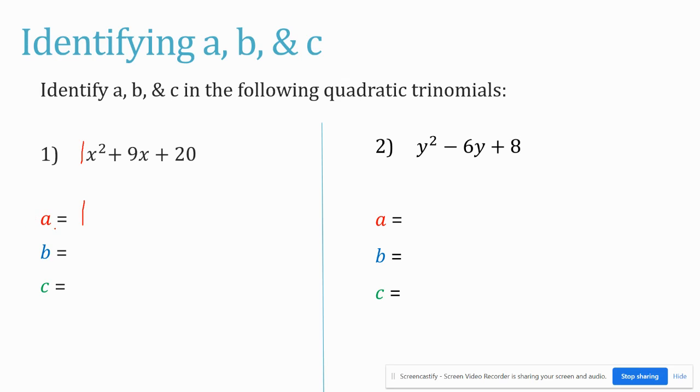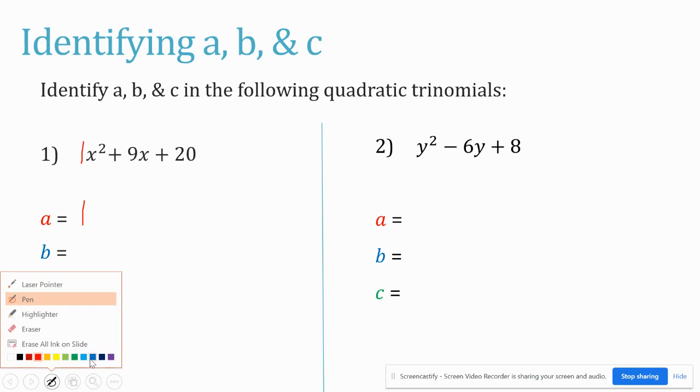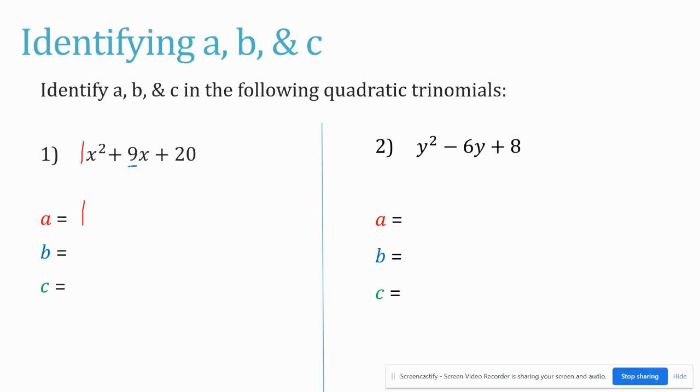That's what a is equal to. A is equal to 1. B is the number in front of x, so that's going to be 9. And then c is the constant, the number on its own, so that's going to be 20. I'm going to just underline this 1 here. So a is 1, b is 9, c is 20. Notice I'm not including the variables here, it's just the numbers.